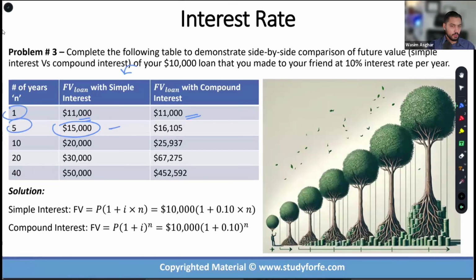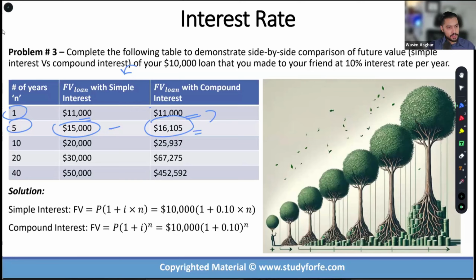But over here, we were taking compounding into consideration. We, in year number 2, were charging interest not on the original amount of 10K, but on the interest plus principal at the end of that time period. So we ended up going to $16,000.